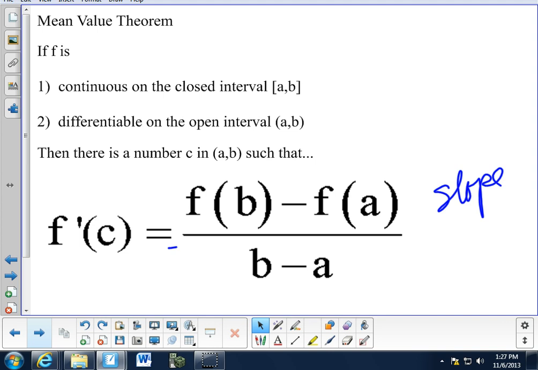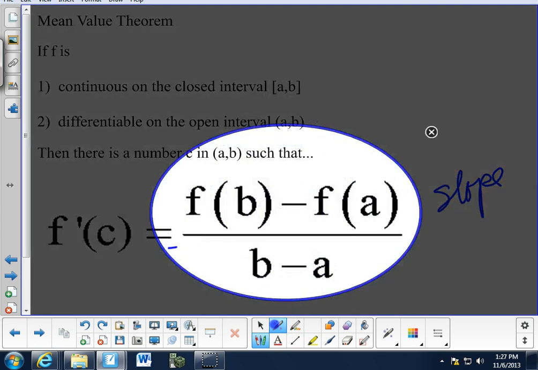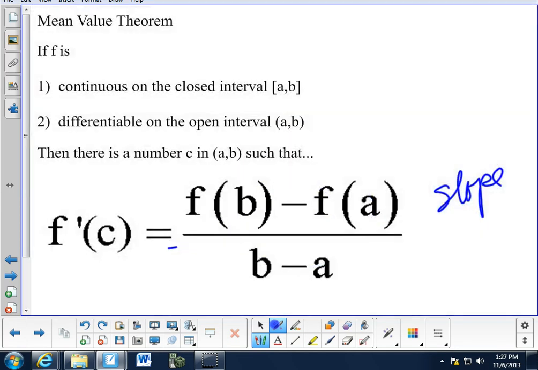It's just the slope of the line from A to B. And then this is saying, all right, the slope of the line from A to B, there's got to be a place somewhere on the curve where its instantaneous rate of change is the same as that slope. Can you get a picture of that in your head?